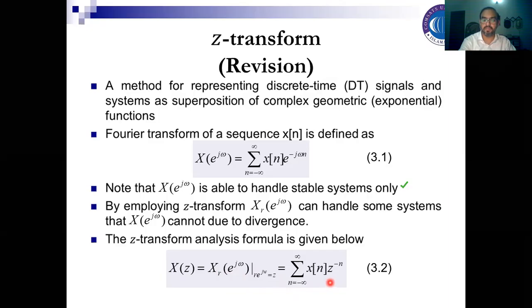So if you replace z with r e raised to power j omega in this equation, then obviously what you will get is x of n e raised to power minus j omega n and another term r to the power minus n. So this r to the power minus n is a handle which you can use later to identify whether the system, based on the value of r, is stable or not.